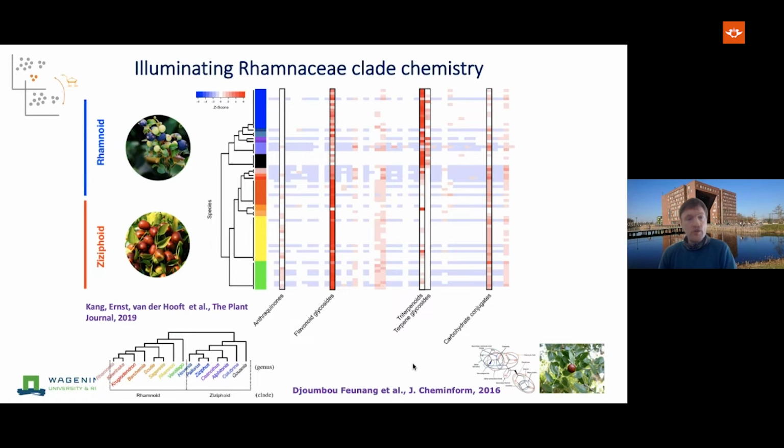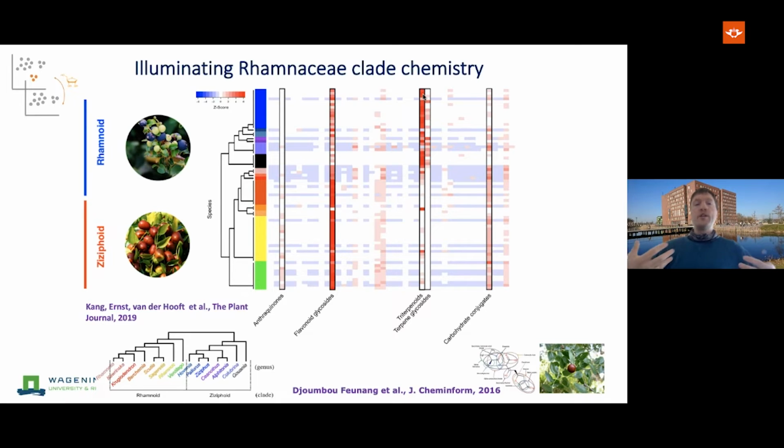And we can also now zoom out and use all this information to study the clade chemistry, right? Remember, I told you there were 2 main clades, rhamnoid and ziziphoid, and we can see how some chemical ontologies are more occurring or more present in one clade than the other.